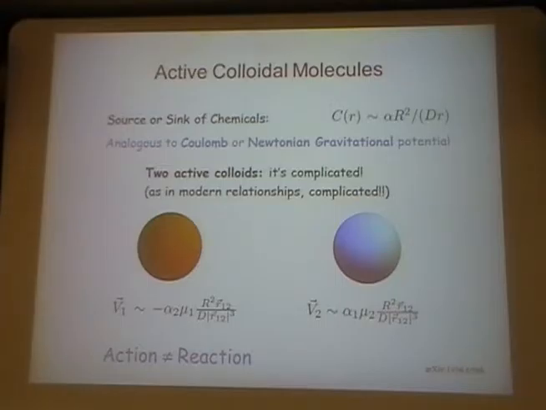Now, you probably have noticed that concentration decays like 1 over r, and that's very similar to electrostatic potential or gravitational potential. And I have this alpha parameter, the activity, which is basically telling me how the field around one colloid, which is generated by this alpha, decays with distance and basically is seen by other particles.